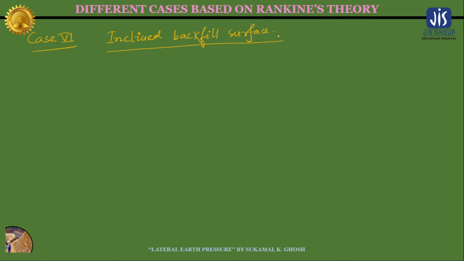Till now for all the cases that we have analyzed, the surface was not inclined, but in this particular case, though the backfill has a plane surface, the top surface is inclined.